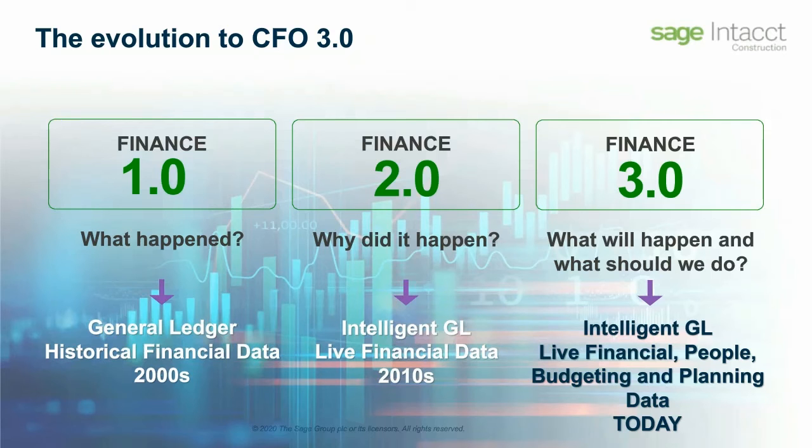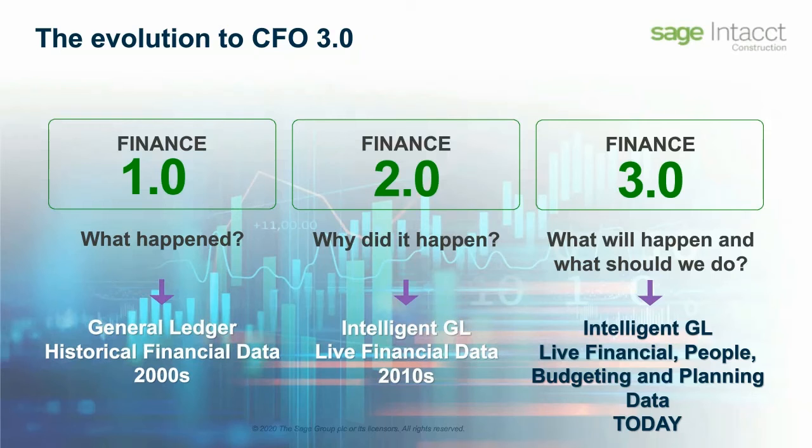But then that changed. It moved into a mode where the tools used to do that got sophisticated enough, and Intacct was really focused on doing that. We were enabling customers to understand what's going on now, being able to look at what's happening today and making decisions about what their business needs to do in real time.